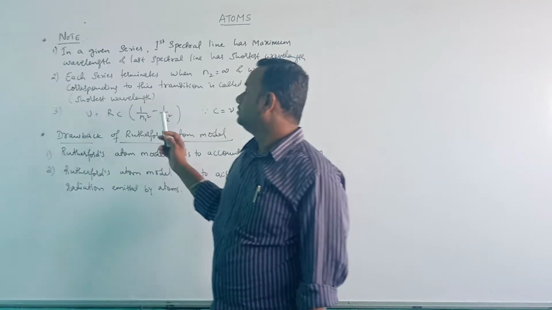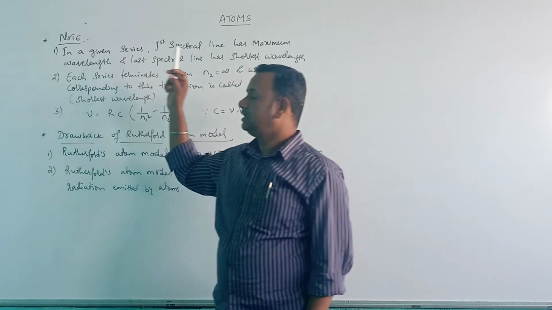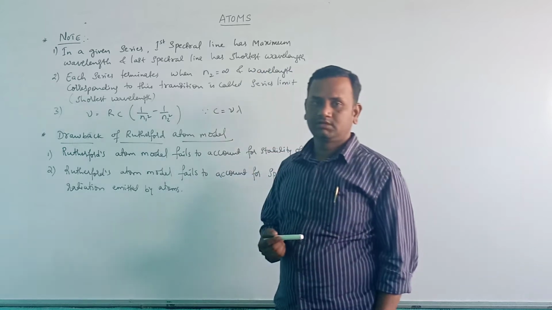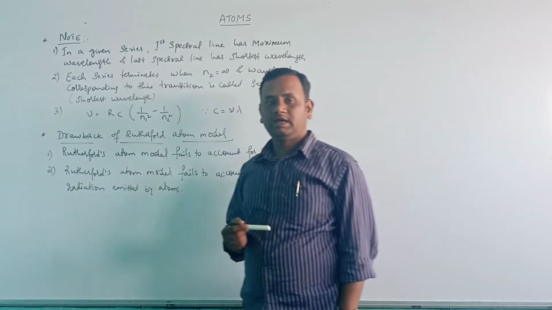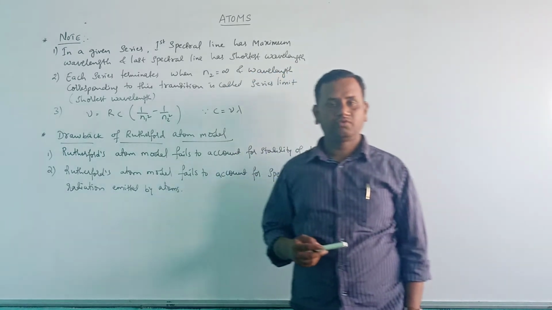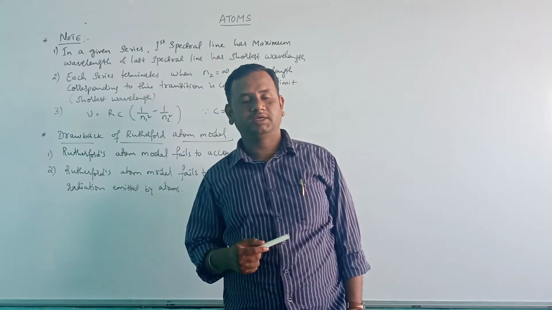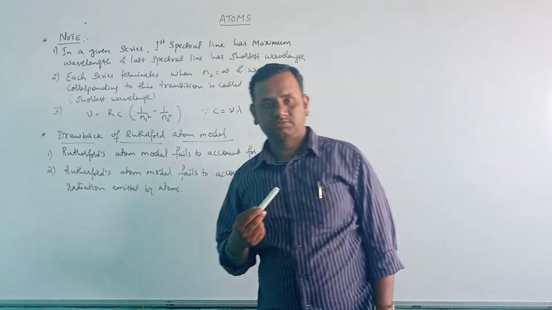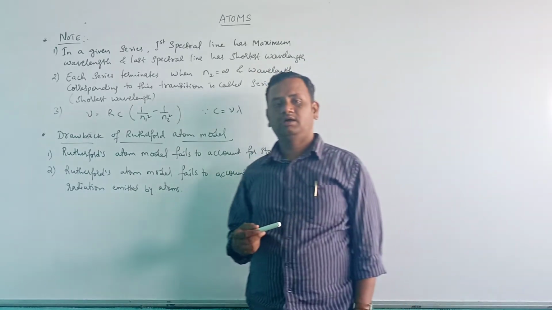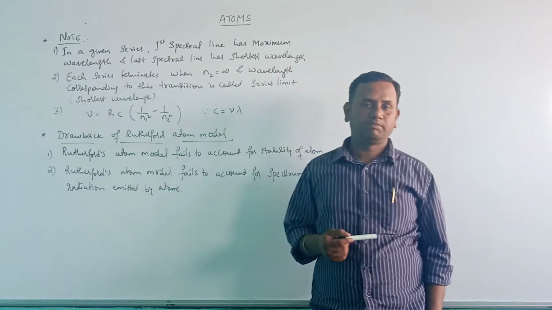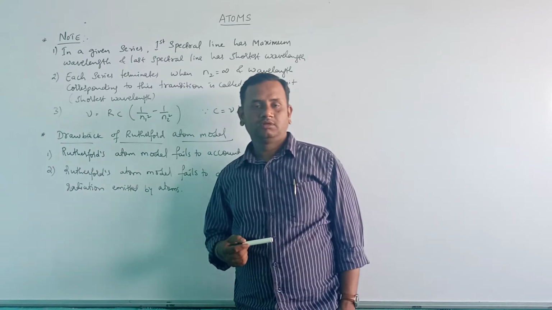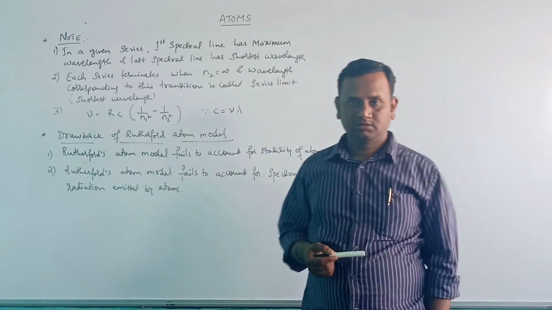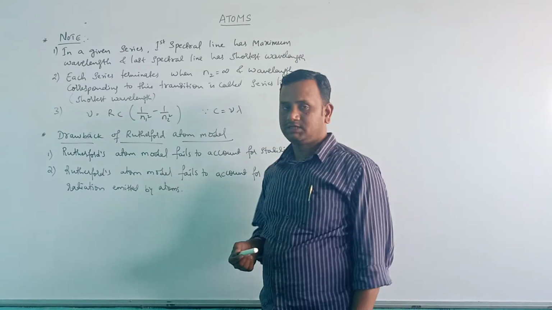Okay. As I explained in yesterday's class about the empirical formula, how to find the wavelength of each spectral line of each spectral series, there I explained the Balmer series, Paschen series, Brackett series, Pfund series, and Lyman series.